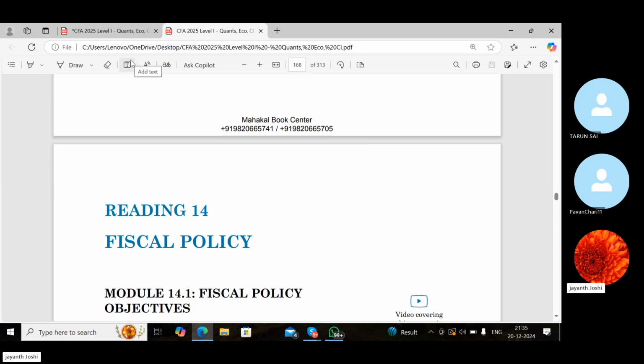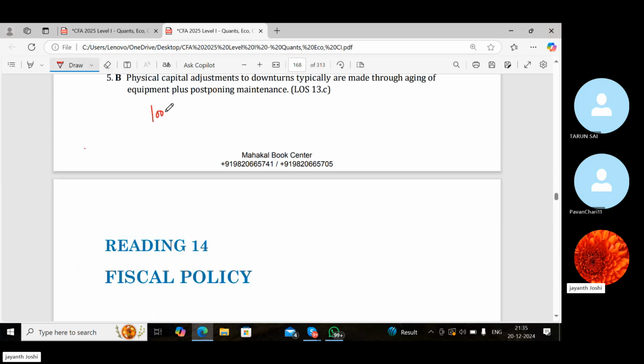Okay. Now we'll do step-by-step calculation. Let's say the starting disposable income is $1,000. Disposable income is nothing but the income which you have earned and you can spend. Okay. So now the tax will increase by, let's say, $100. This is disposable income, and this is the tax which is increasing by $100. Okay. Just a second.